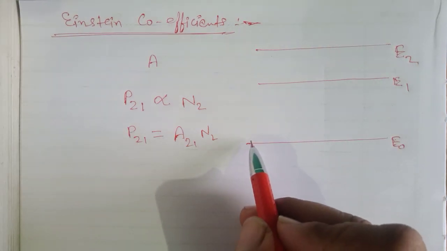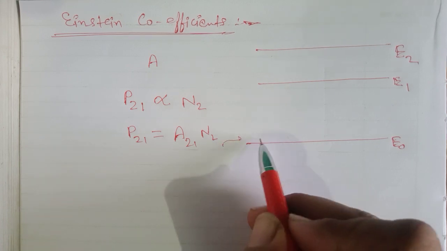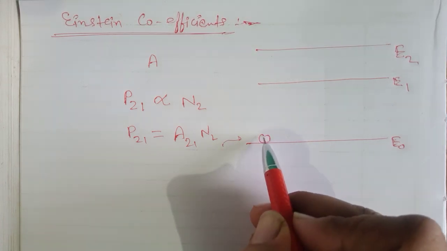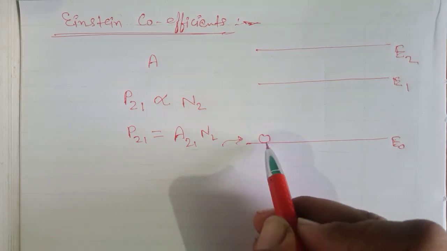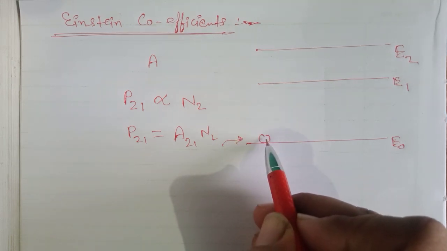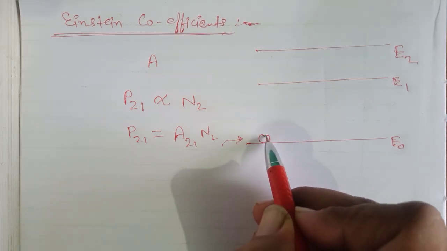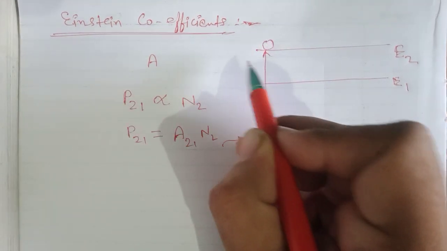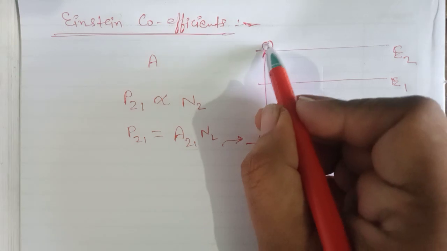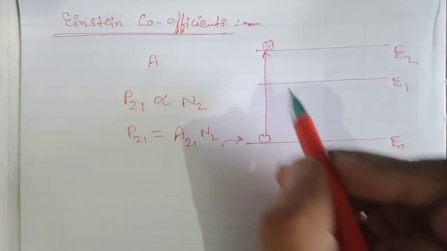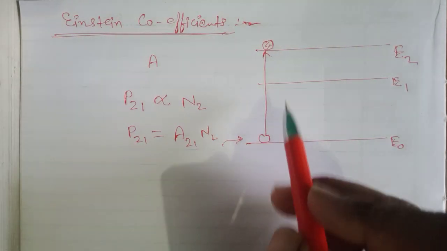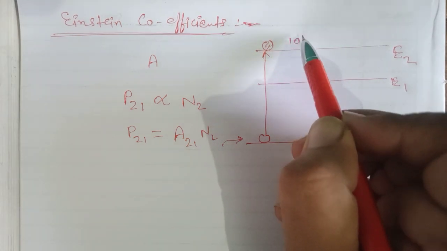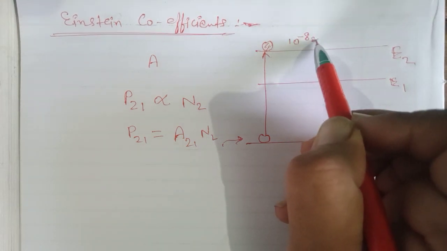So when a photon is incident on the ground state atom, it will absorb this photon and get excited and jump from 0 to excited state E2. But here this atom does not stay for a longer time because it is in an excited state. The approximate stay time of this atom is 10 to the power minus 8 seconds.